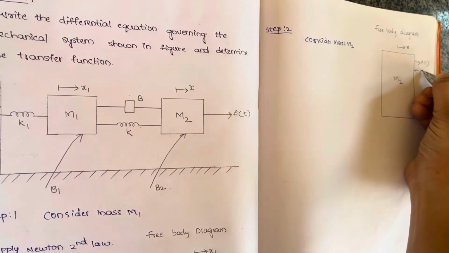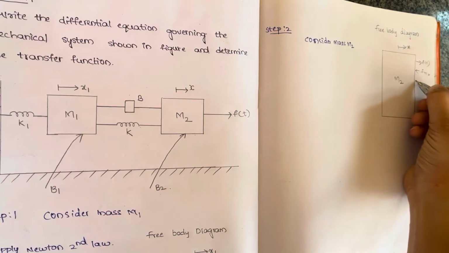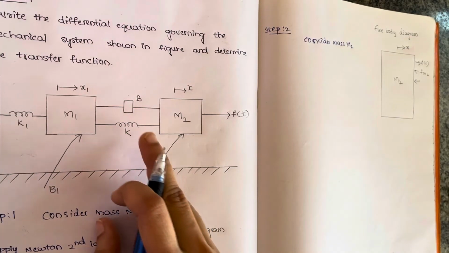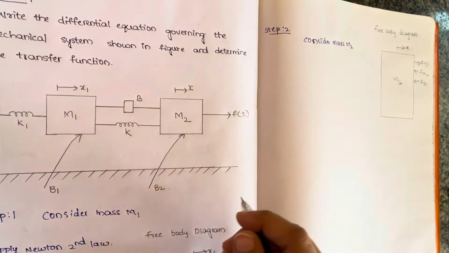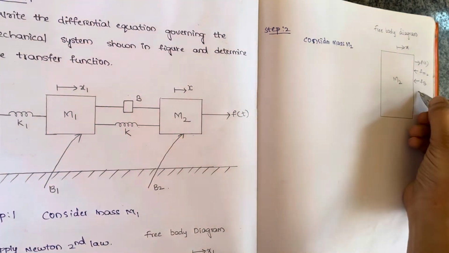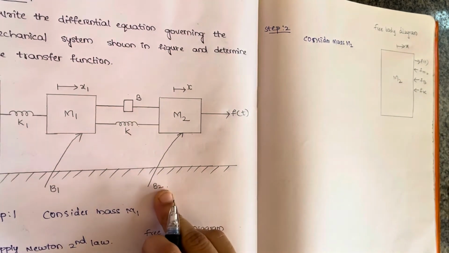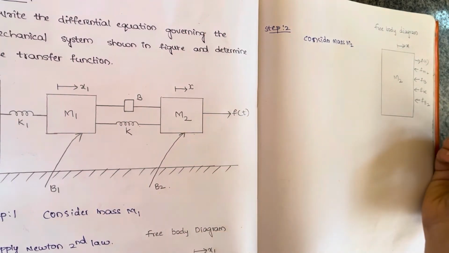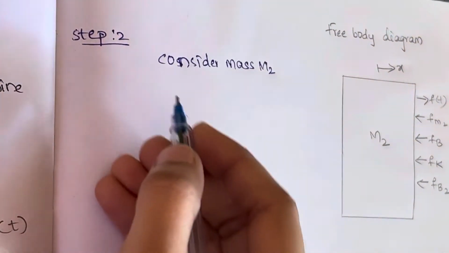First we have to give m2, that is fm2, and then what we have, fb, and we have k, fk, and we also have another thing, that is b2, fb2. Now here also apply Newton's second law.